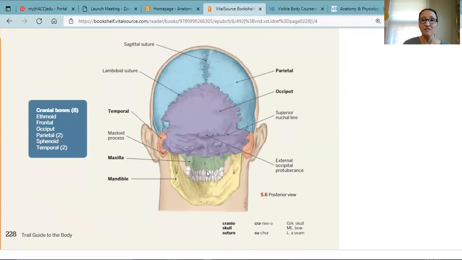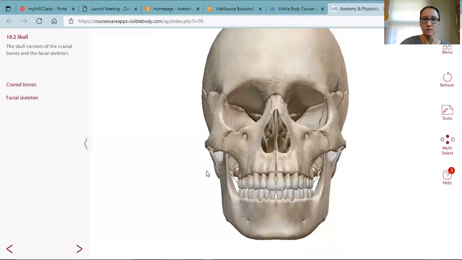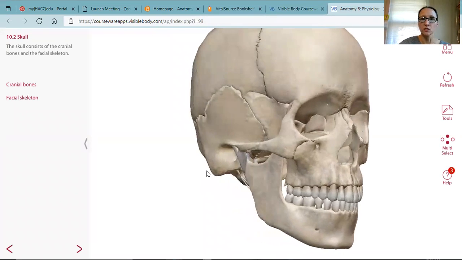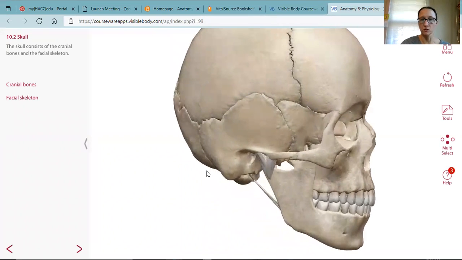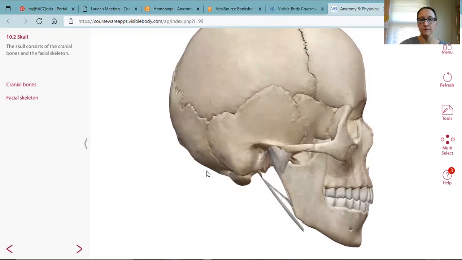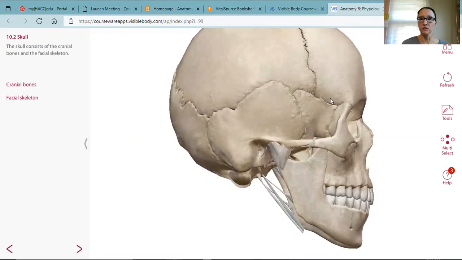One of the bones that we haven't talked about yet is the temporal bone. So I'm going to switch over views here. If we turn the skull this way, this is the frontal bone. This is the parietal bone. This is the occiput. So what we have here is the temporal bone.